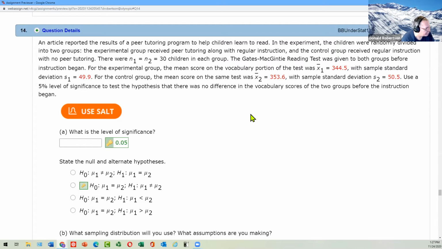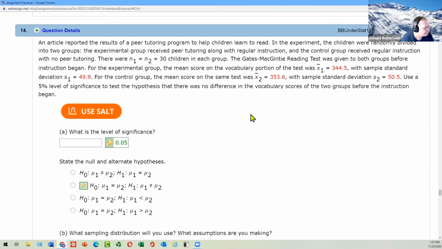And in that group, there were 30. The mean score of the first group was 344.5. The standard deviation for that first group was 49.9.